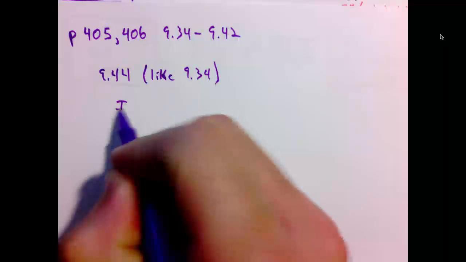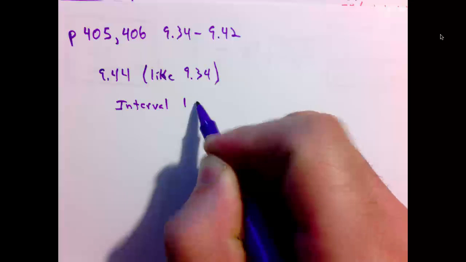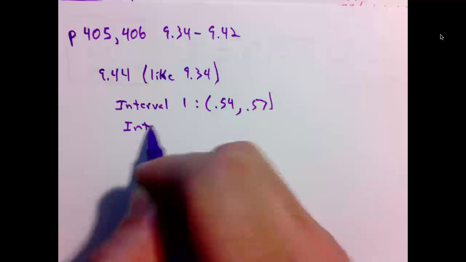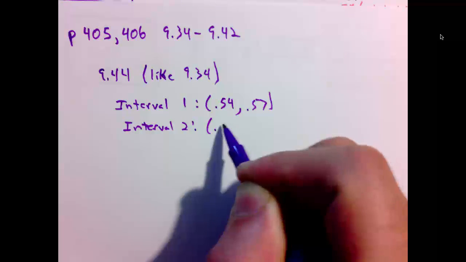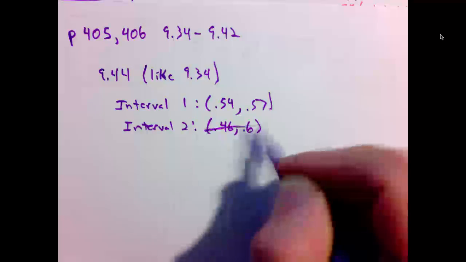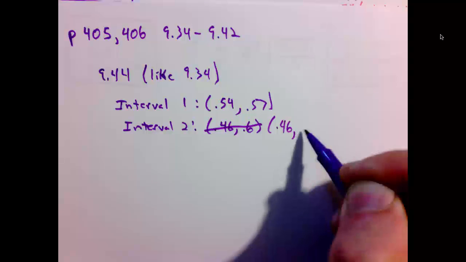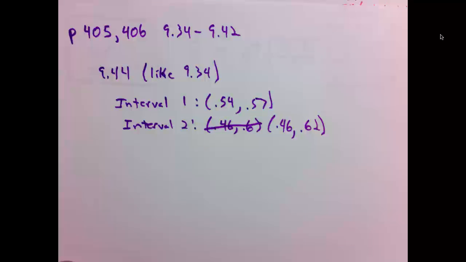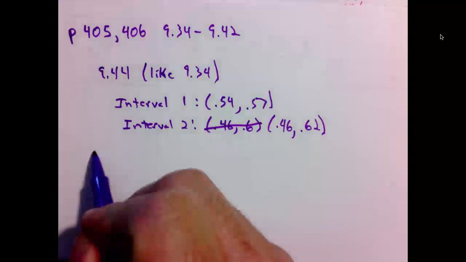They tell us that interval 1 is 0.54 to 0.57, and interval 2 is 0.46 to 0.62. Part A says, explain how it is possible that the two intervals are not centered at the same place.